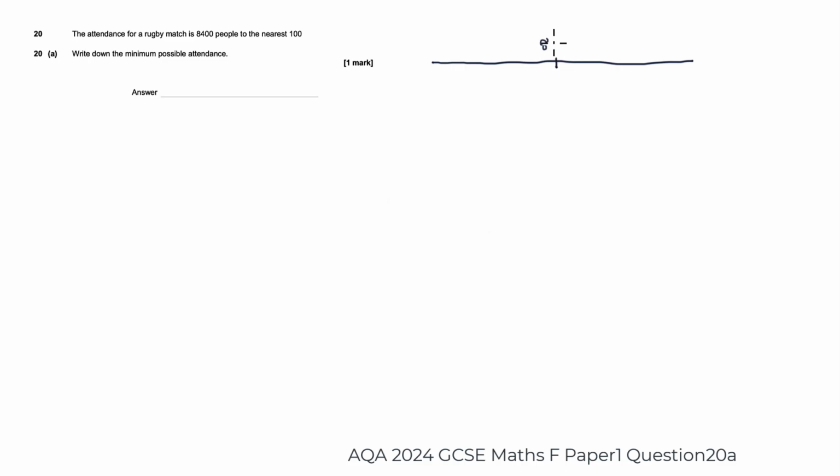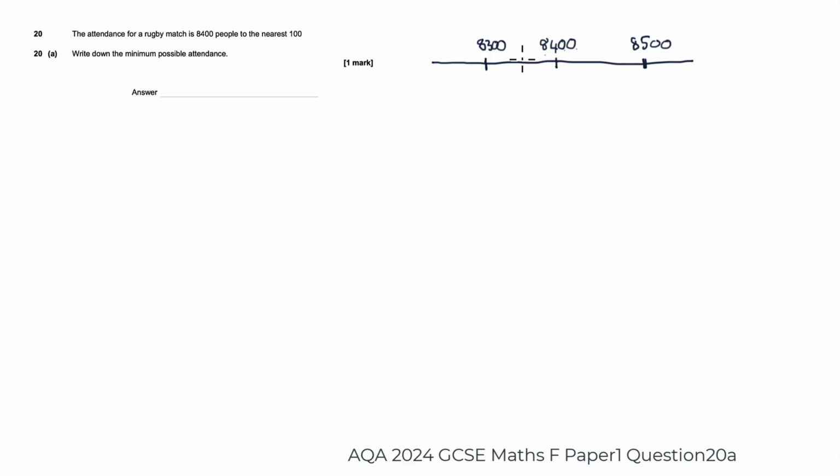And we have 8,400. Since we're talking about to the nearest 100, going up 100 would get us to 8,500. And going down 100 would take us to 8,300. Now the answer we get when we round it to the nearest 100 is 8,400.